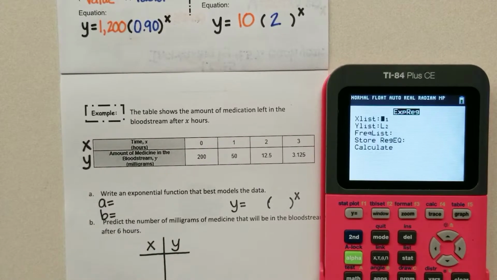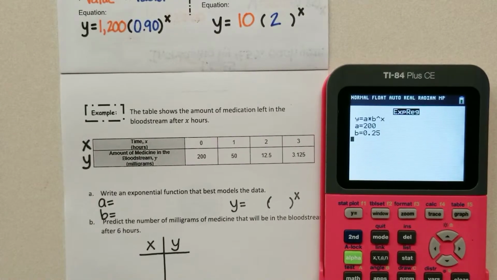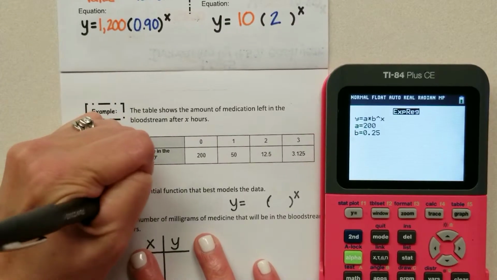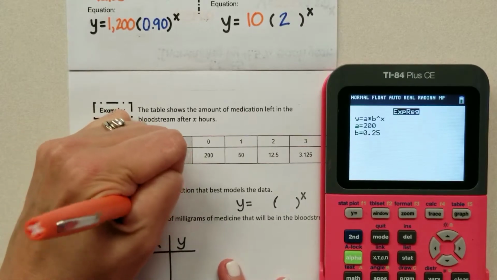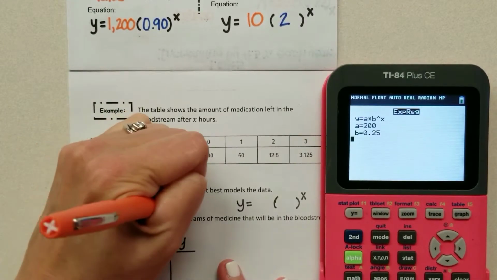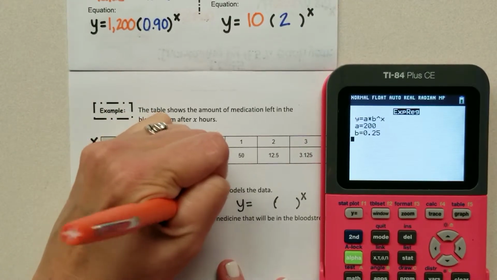We're going to press 0 for exponential. We're going to arrow down to calculate. And I'm going to write my A and my B. So my A is 200. And again, that is my initial value. So I'm starting with 200 milligrams of medicine in my bloodstream.